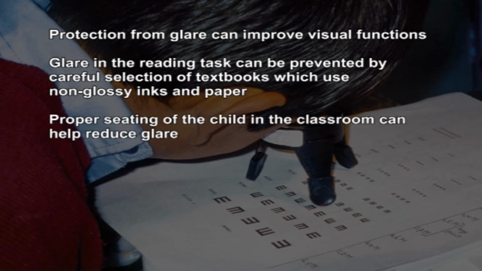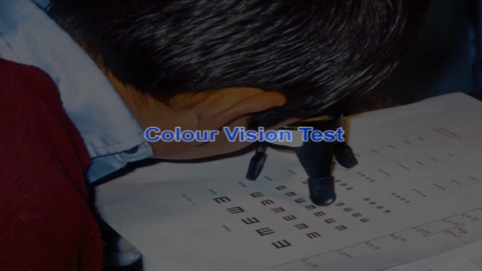Proper seating of the child in the classroom can help reduce glare. The children should sit and stand in positions which direct their vision away from the windows. Pictures, charts and other visual materials should never be placed between or adjacent to the windows. Natural light coming from the top and bottom of the windows is usually better because of less glare.